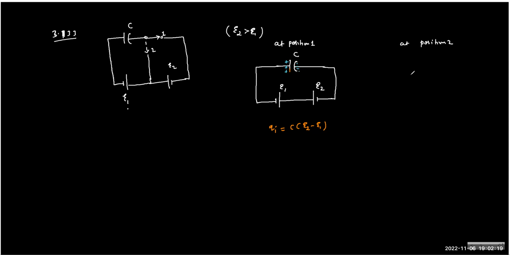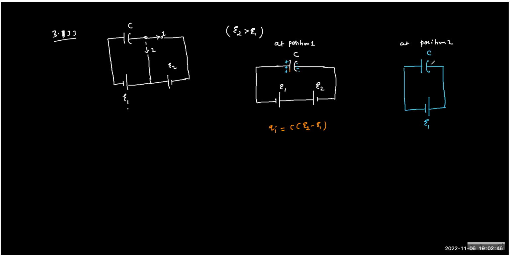Now at position 2, what will happen? Only this will form the closed path, the other will be out of the circuit, isn't it? Yes. So now which plate will have positive charge, right or left? Right.